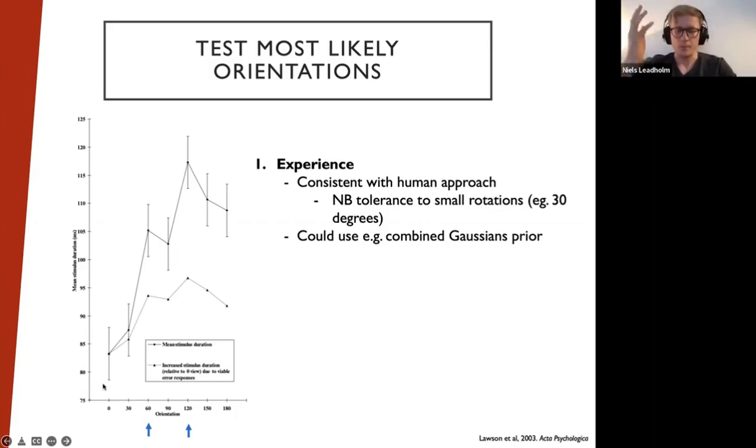At an upright, typical orientation, people are very fast. They're able to tolerate slight deviations from this. And of course, if you turn it completely upside down, then people are much slower. What's interesting, though, is that the worst ones are these deviations from this. So upside down seems to be better than upside down and slightly skewed. And similarly, being at 90 degrees seems to be better than these slight deviations from that.